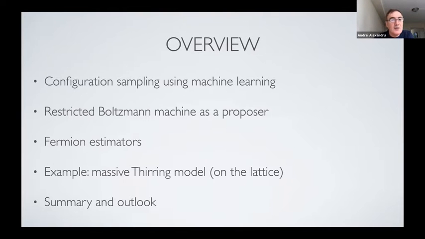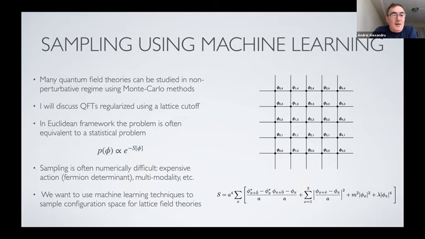So the idea is the following. We have many interesting quantum field theories that can be studied in the non-perturbative regime using Monte Carlo methods. The approach that I'm going to use here is for quantum field theories that are regularized using a lattice cutoff.